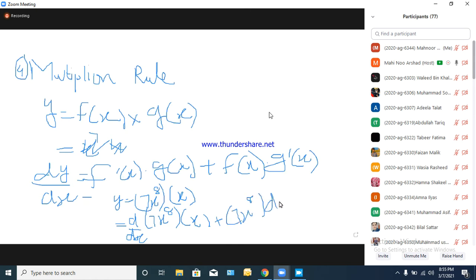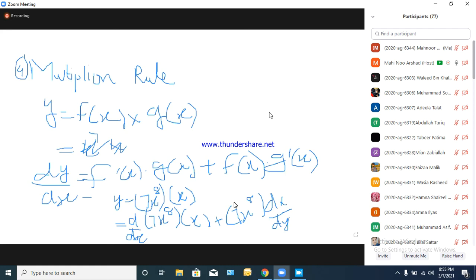As students, the commutative law holds in multiplication, so you can take either function as the first. If you take this one as first, this will be treated as second, and if you take this one as first, then this one will be the second.